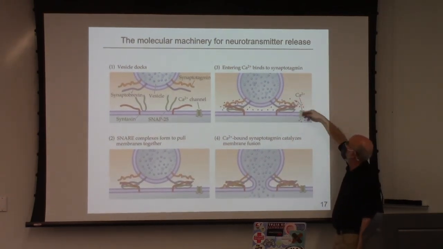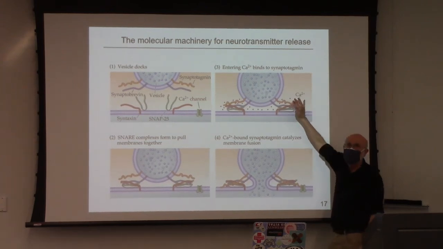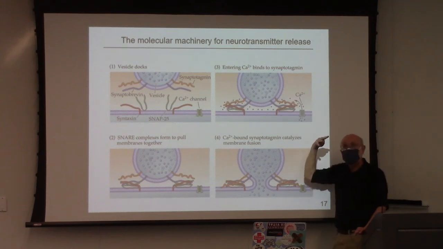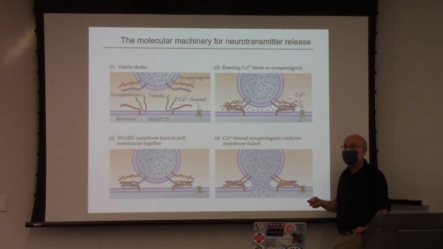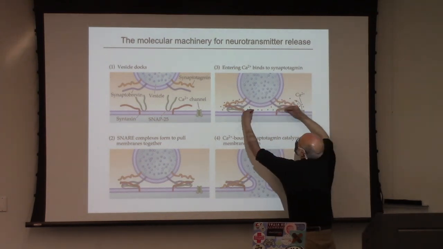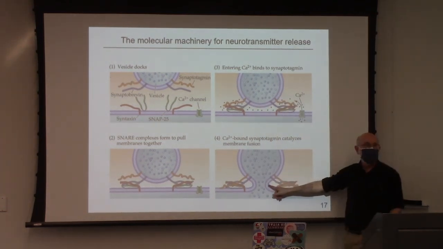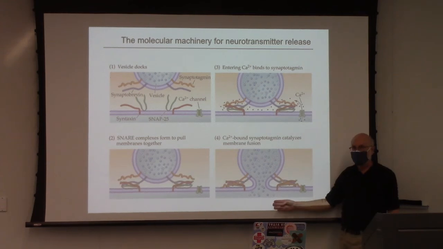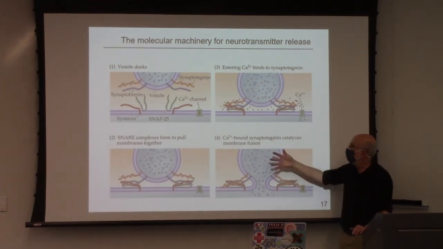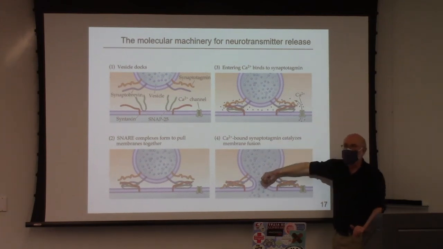Voltage-gated calcium channels, calcium influx, calcium binding to synaptotagmin, conformational change of the V snares and T snares through protein-protein interactions, a cinching and a fusing of the vesicle with the cell membrane, and diffusion, right? This is not being squeezed like a balloon or anything.